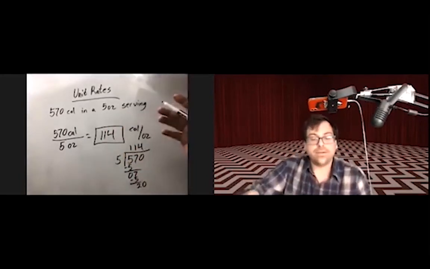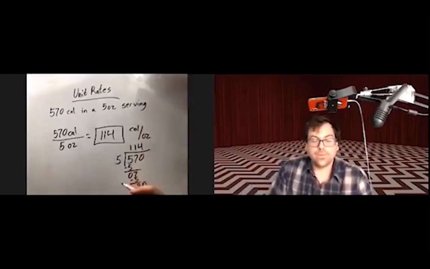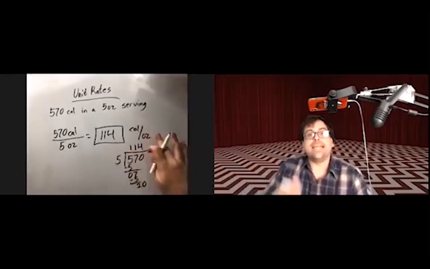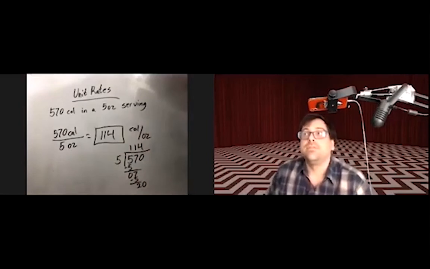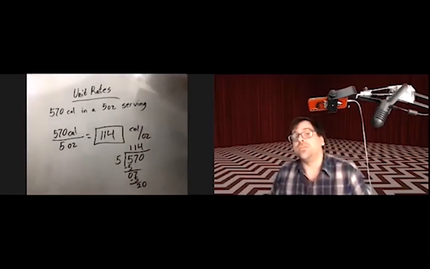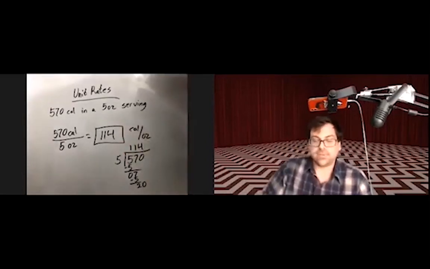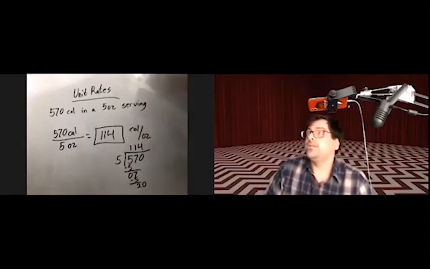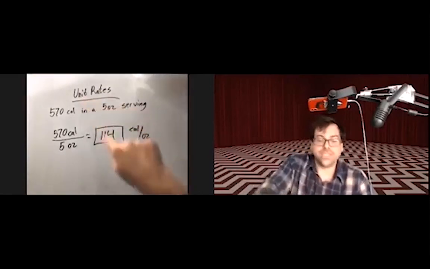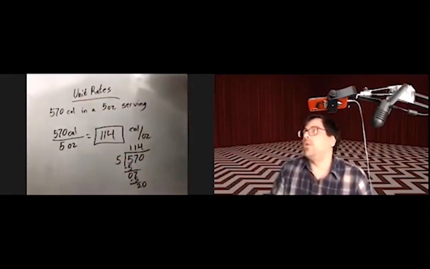The unit rate would be 114 calories per ounce, not 114 over 1 calories over ounces, just 114 calories per ounce. Unit rate, unit, single number. We're going to write it as a whole number or a decimal.